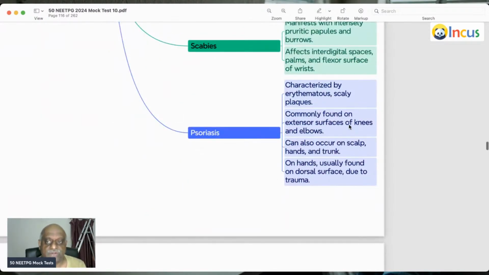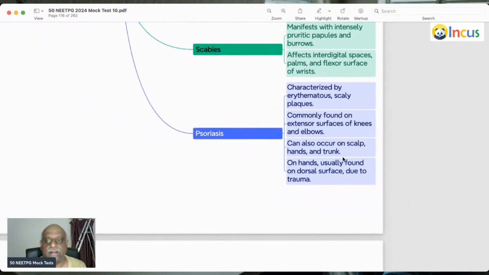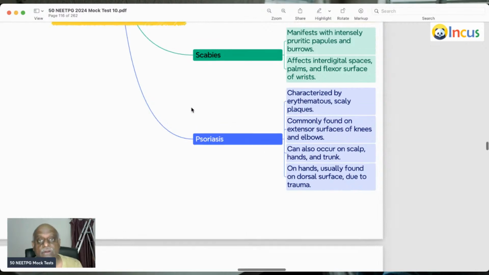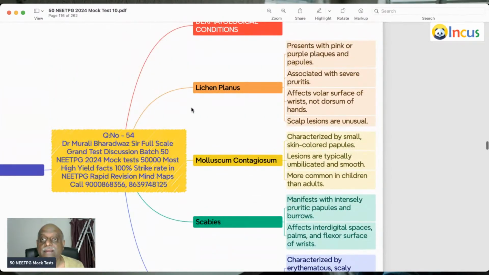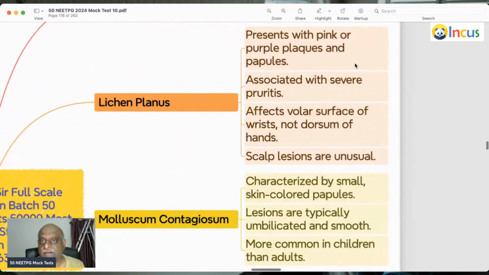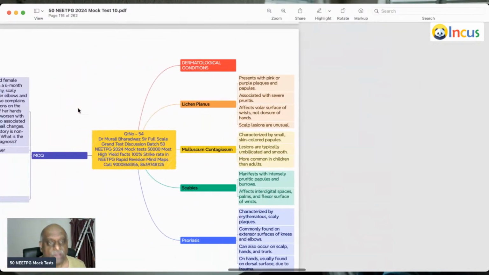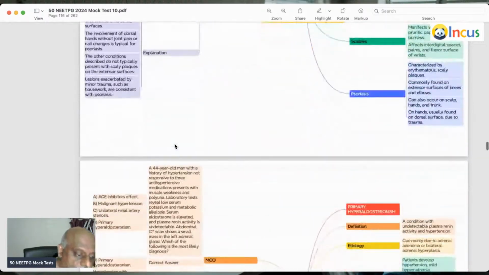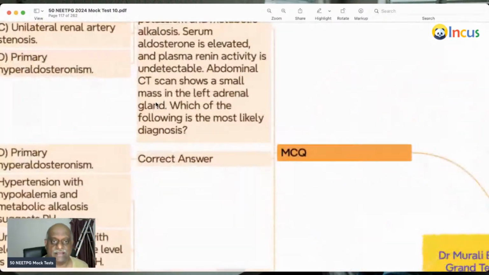Silver-colored erythematous scaly plaques on the extensor surface of the knees and elbows and on the scalp, hands and trunk, typical of psoriasis. Pink, purple plaques and papules with severe pruritus on the volar surface of the wrist but not on the dorsum of the hand and not on the scalp is lichen planus. So you have to be very sure, doctor.